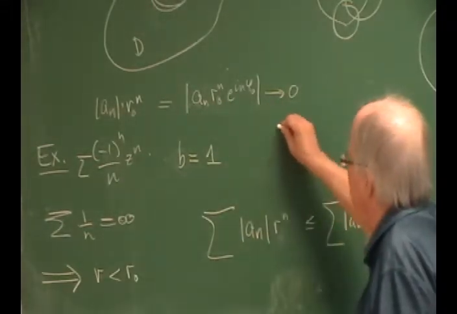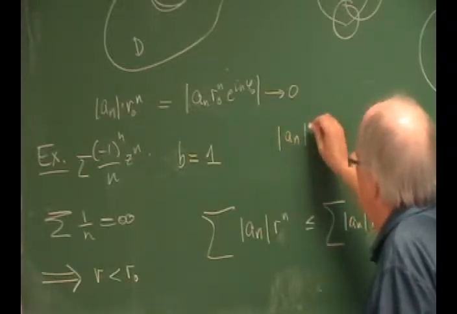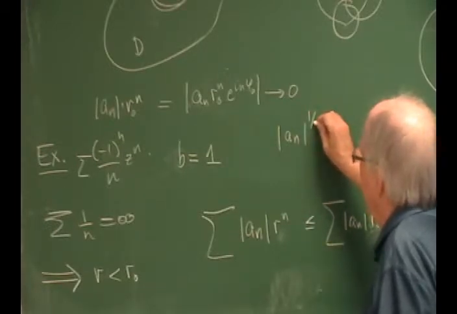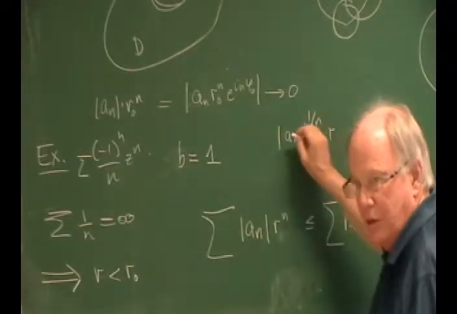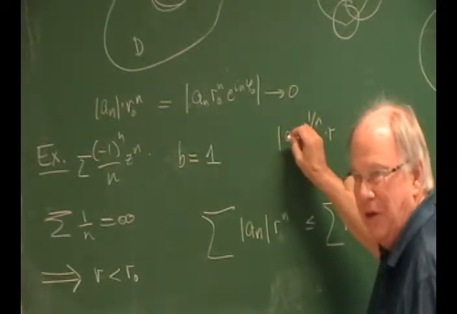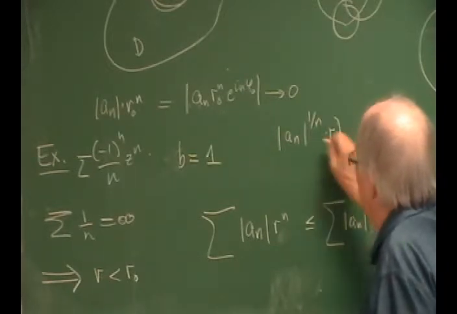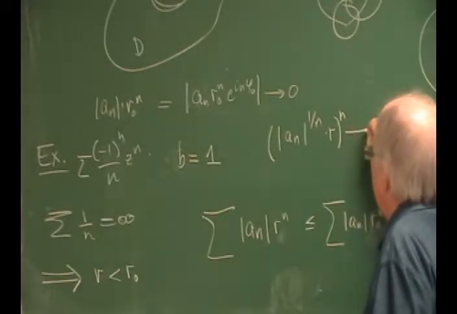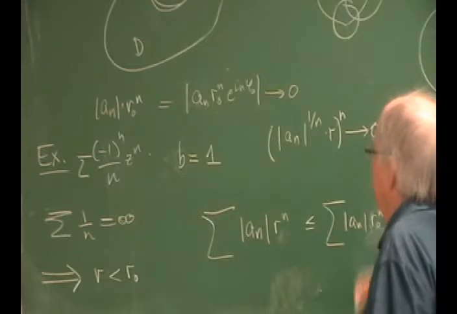Okay, so that means that A_n times r_0 to the n, I'm going to do this really slowly here, times r to the n goes to 0, right?